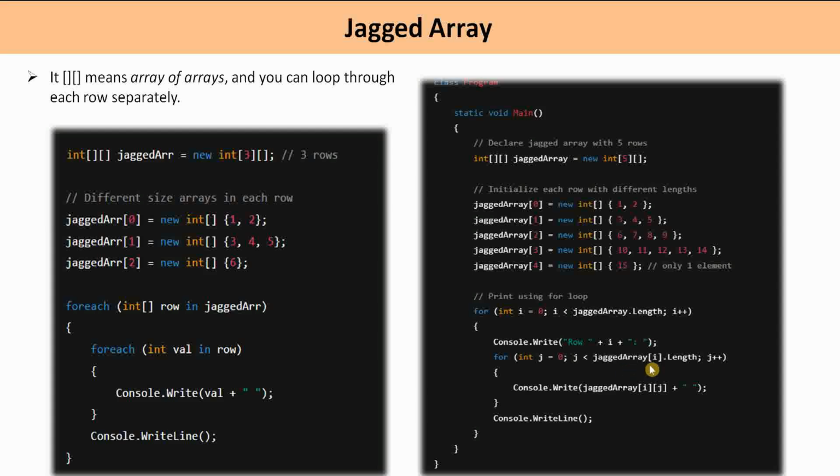If we provide i in square brackets, it starts from 0 indexing. When it comes to 0, it gets the array at index 0, and its length is 2, so it iterates 2 times. If we want to display these values, we can do it this way. So let's see this one.